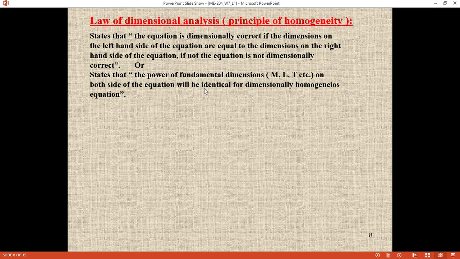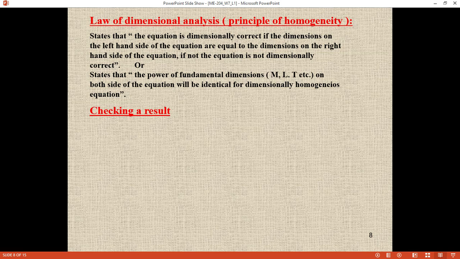The meaning is the same. If the powers of the fundamental dimensions are identical on both sides, the equation is possible, and the relationship between the variables is possible.